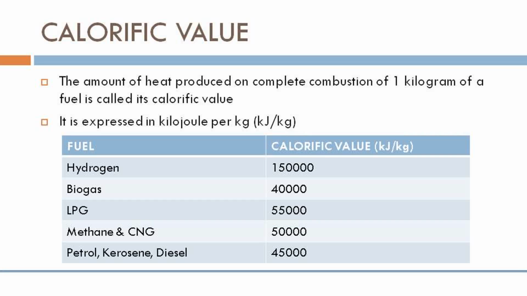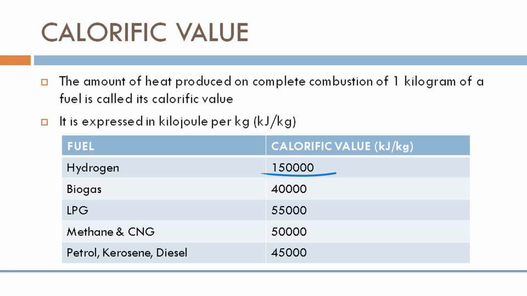The amount of heat produced on complete combustion of 1 kilogram of a fuel is called its calorific value. It is expressed in kilojoule per kilogram, and the calorific values of certain fuels are given in this slide. You may see that hydrogen has the highest calorific value, around 1,50,000 kilojoules per kilogram.